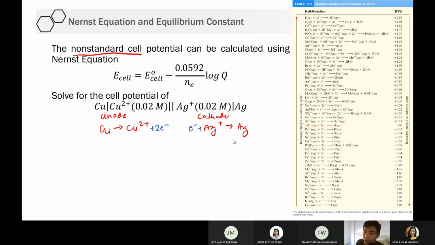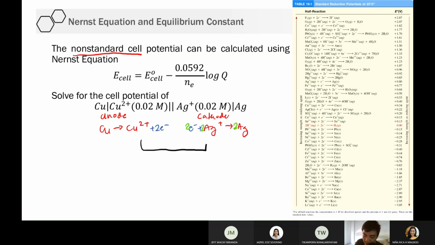Before you combine the two equations, you must make sure that the electrons are equal. You get their least common multiple, which is 2 times 1, so that's 2. That means this equation should also have 2 electrons, so you multiply this equation by 2. Now this reaction will have 2 electrons, the same as this one.